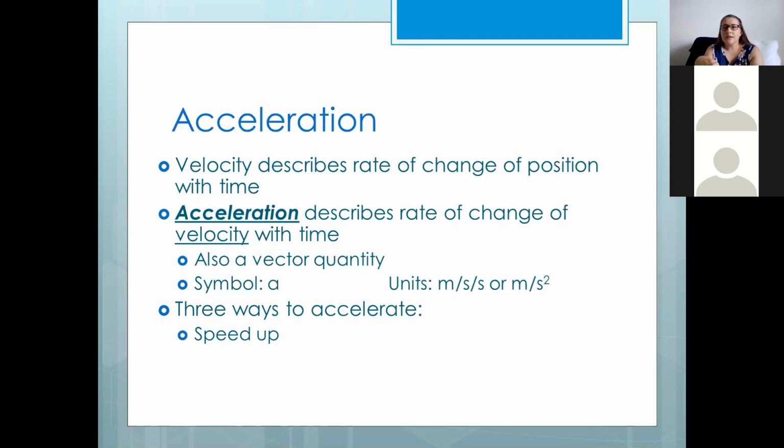But in physics, we don't have a separate word decelerate. We also call slowing down an acceleration, because anytime the velocity changes, that's acceleration. And velocity could change by speeding up or by slowing down, right? Either way, you're changing how fast you're going. The third way is really the one that people tend to forget about most often. Okay, so remember, is velocity a vector or a scalar?